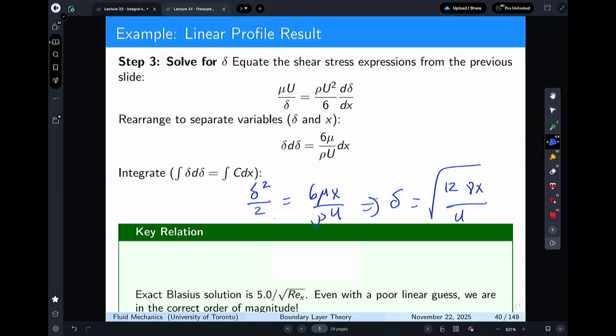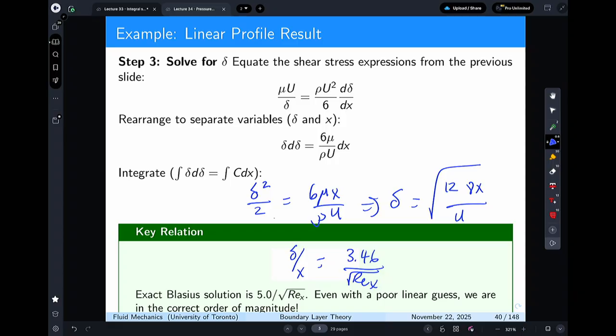And out of that, you can rewrite it as 3.46 over square root of Reynolds number x, which is very similar to the definition that we have for boundary layer thickness, which is 5 over square root of Reynolds x, the Blasius solution.